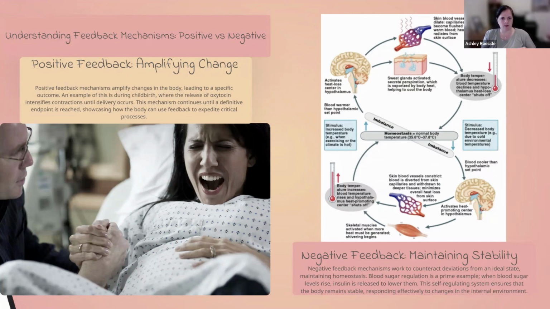And so this is where baby's head is pushing against the cervix, and it sends that message up to the brain to say release oxytocin. So the oxytocin can increase the intensity of contractions, and it allows baby's head to continue pushing down onto the cervix, goes back to the brain, continues releasing more oxytocin until that baby is born, and then the stimulus is now no longer there because the baby's head is no longer pushing against the cervix, and it stops.